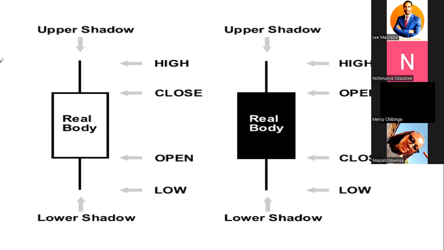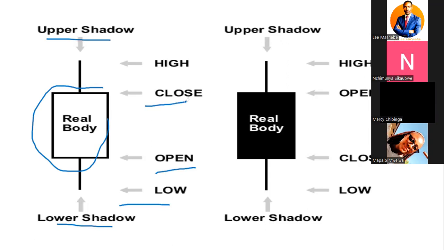Now, a candlestick has the lower shadow, the upper shadow, and what is known as the real body. It also has the low, the open, the close, and the high. So it has more information compared with a bar chart.